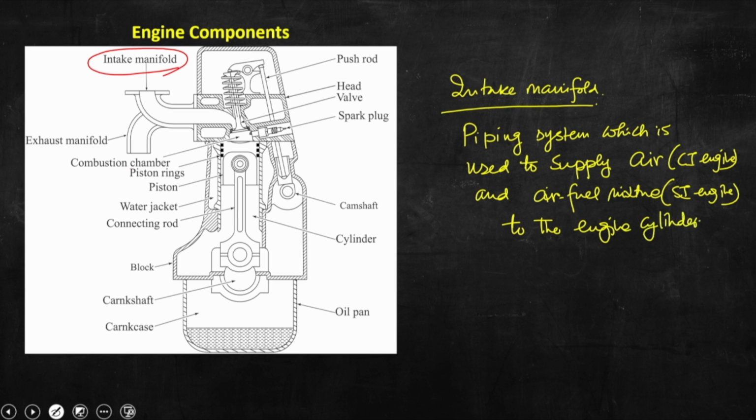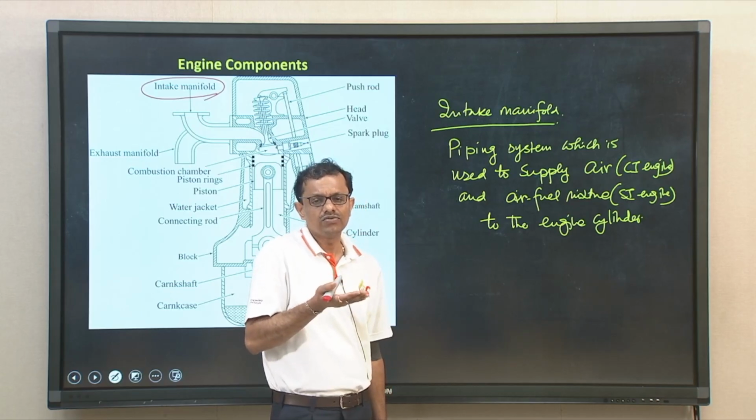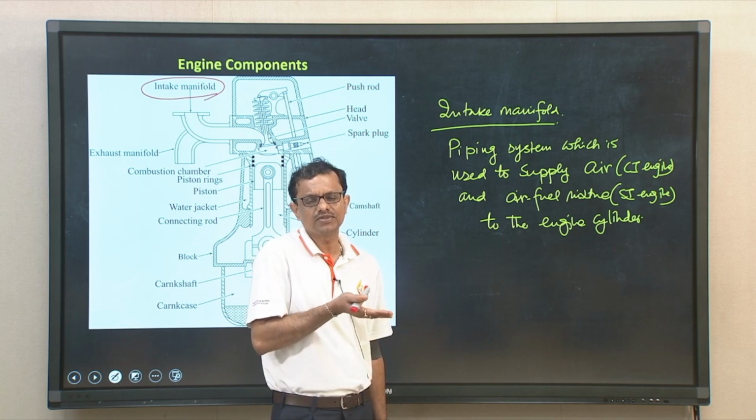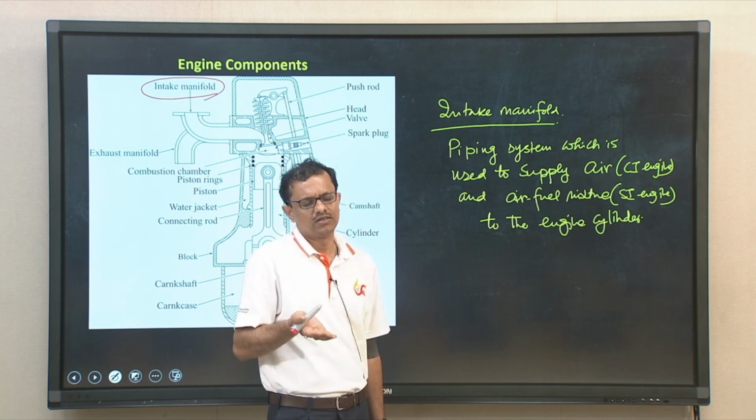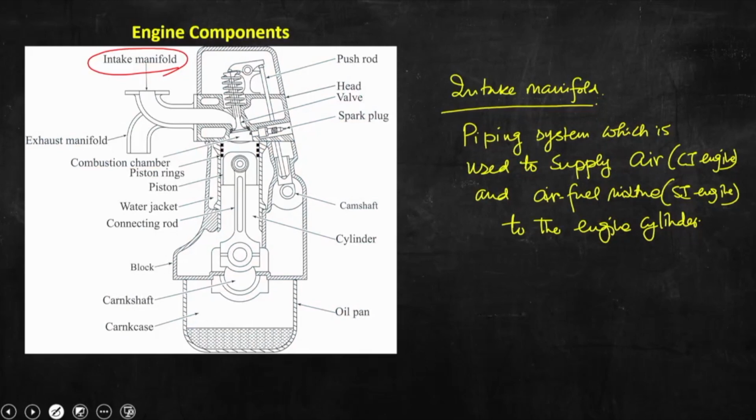right. Sometimes the intake manifold also houses a heating system so as to allow fuel to evaporate before it comes into the engine cylinder. Okay. Now, if it is a single cylinder engine, sometimes the individual pipe to a single cylinder in the intake manifold is known as a runner.